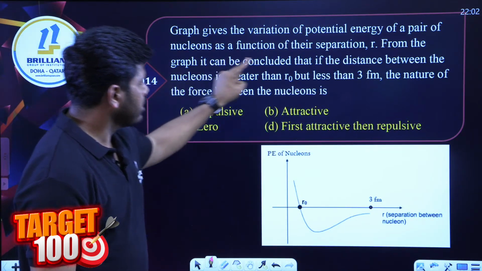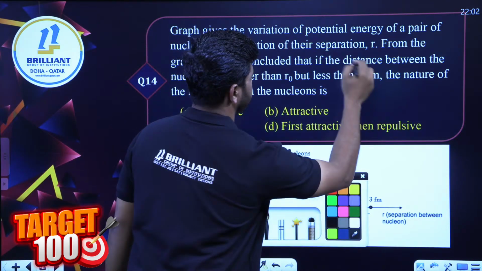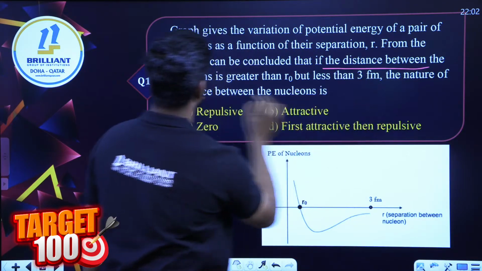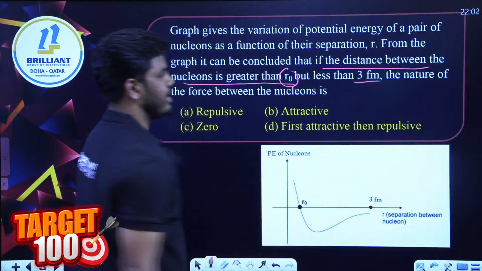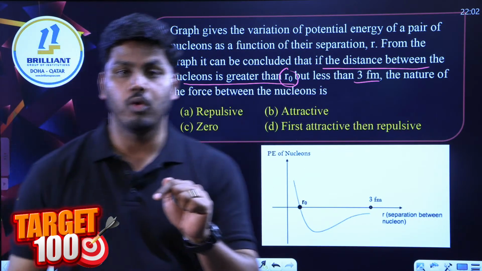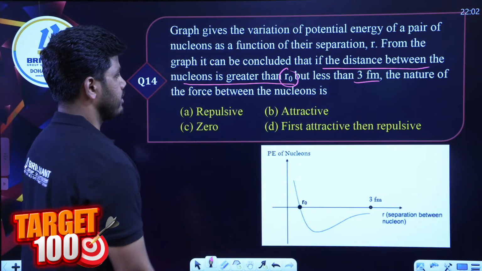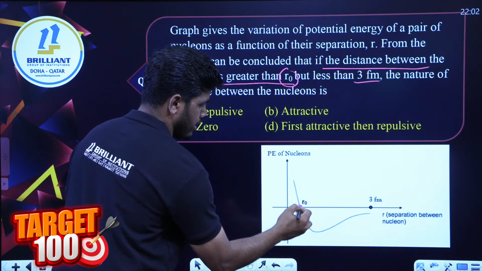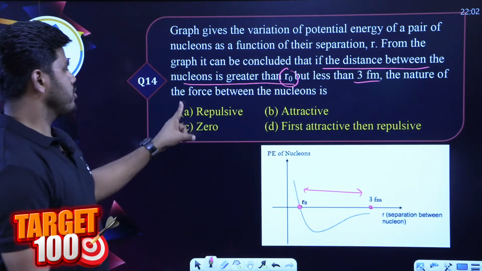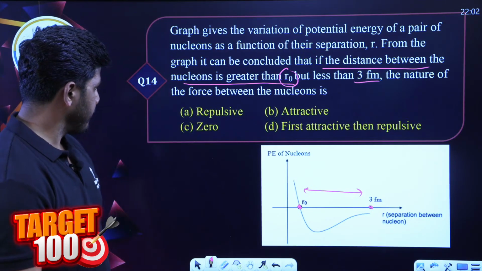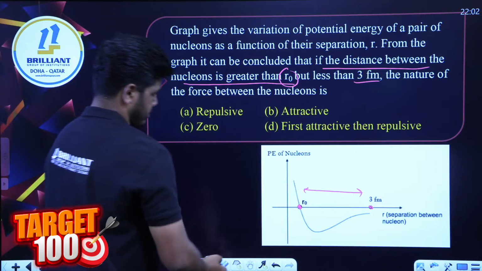From the graph, it can be concluded that if the distance between the nucleons is greater than R0 but less than 3 FM, this range they are talking about, the nature of the force between the nucleons is, yes, exactly.